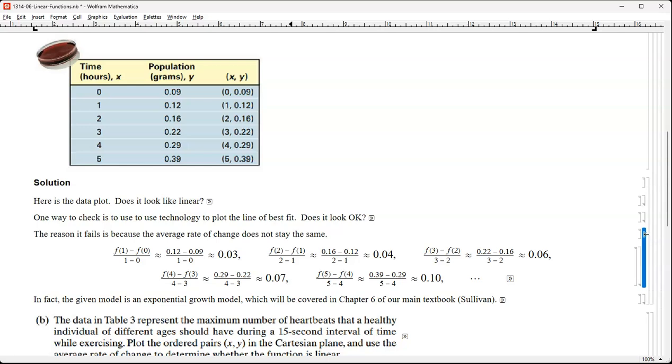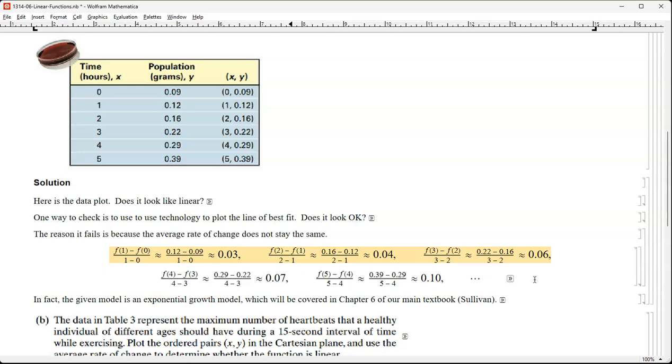In this case, not only do these not stay more or less the same, not only are they wildly wrong, they are systematically wrong. In the first interval 0.03, in the second interval 0.04, and 0.06, 0.07, the slopes are increasing.